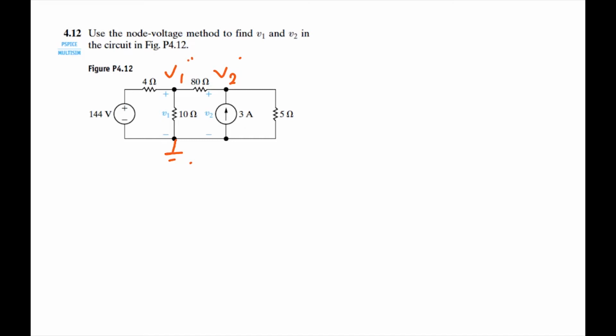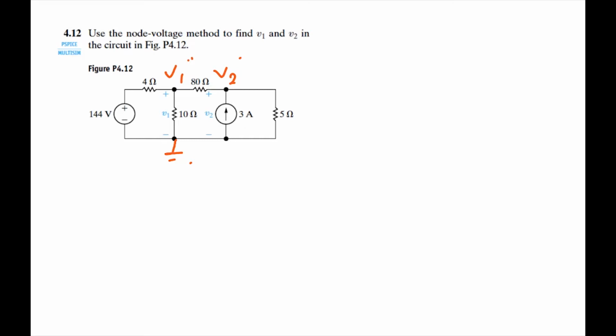Now we also talked about labeling the currents that are going in and out of the circuit. I like to claim that currents are leaving all the nodes. So we're going to assume that current is leaving all the nodes V1 and V2.